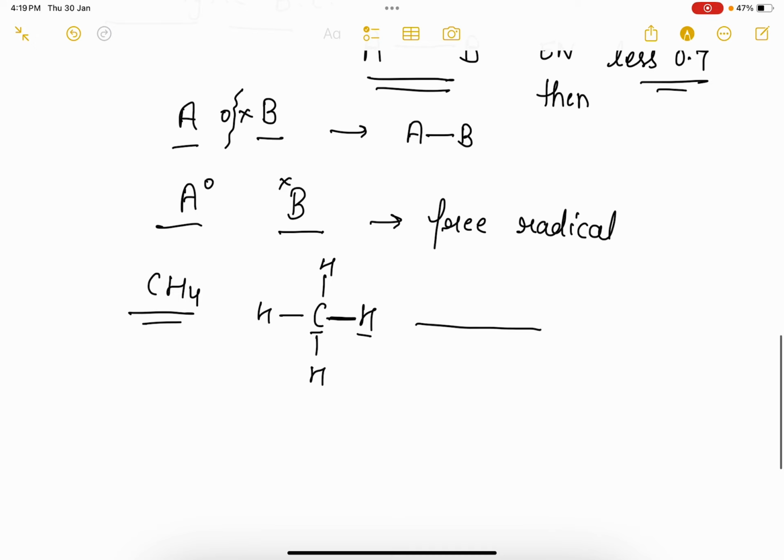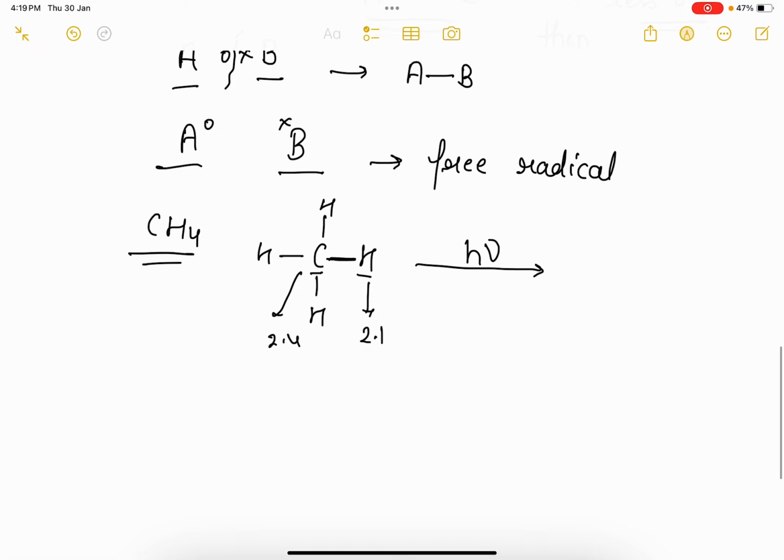In the presence of sunlight, because the electronegativity of carbon is 2.5 and the electronegativity of hydrogen is 2.1, the difference is 0.4, which is less than 0.7. So this bond undergoes homolytic bond cleavage. The bond breaks, and carbon contains its electron and hydrogen contains its electron.